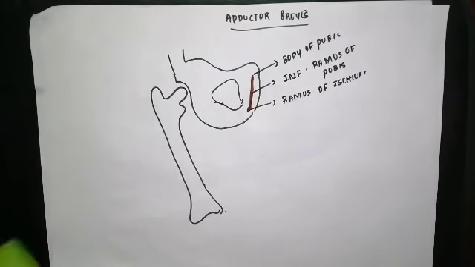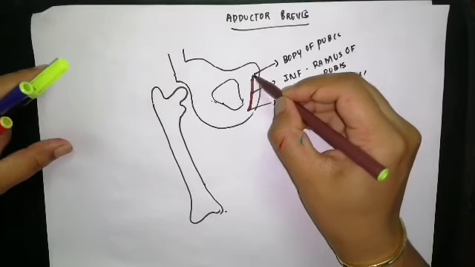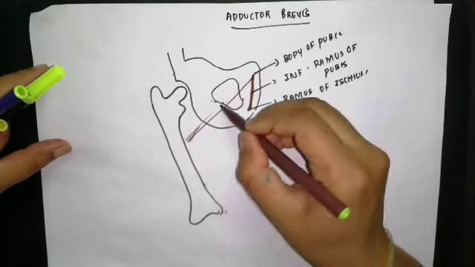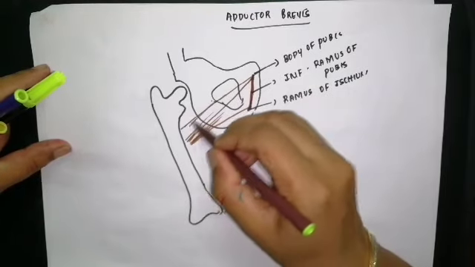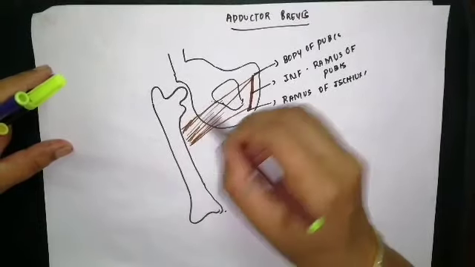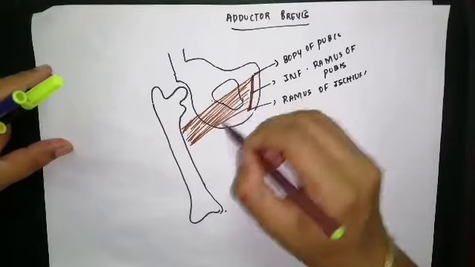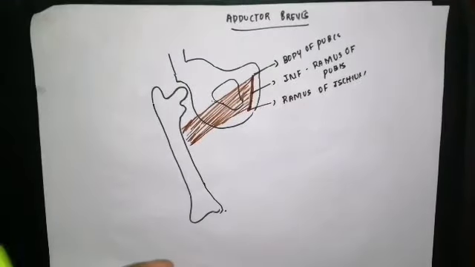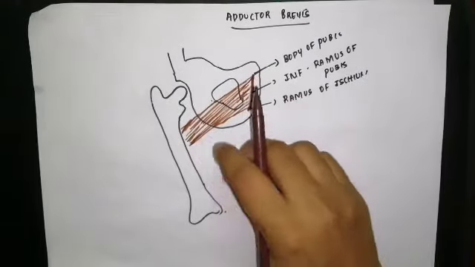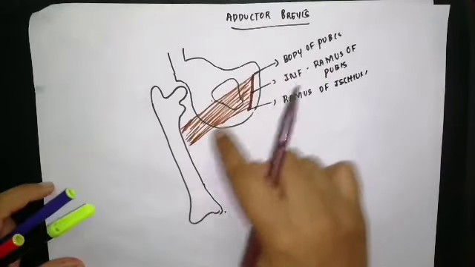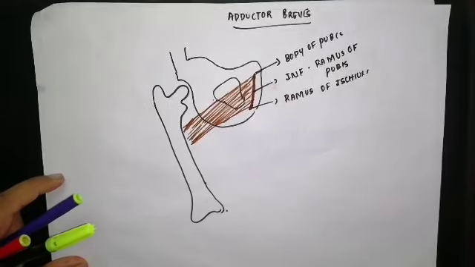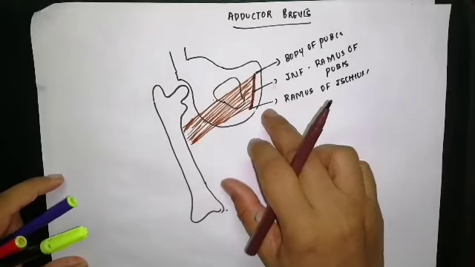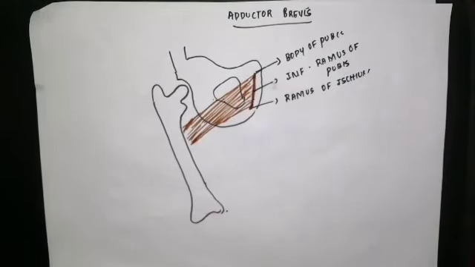Now this muscle passes like this. This muscle is lying posterior to the pectineus muscle and the upper part of the adductor longus muscle. So this muscle is lying deep to the pectineus and the upper part of the adductor longus muscle. Now it gets attached here.